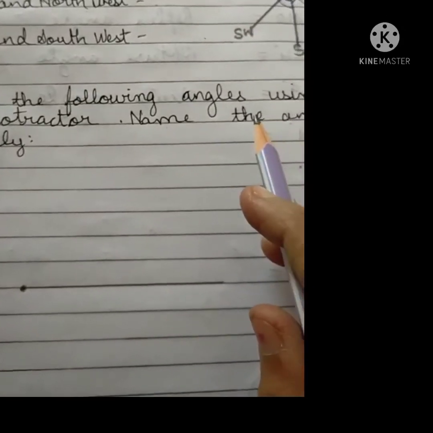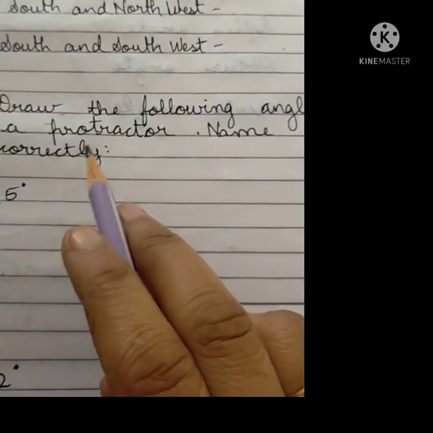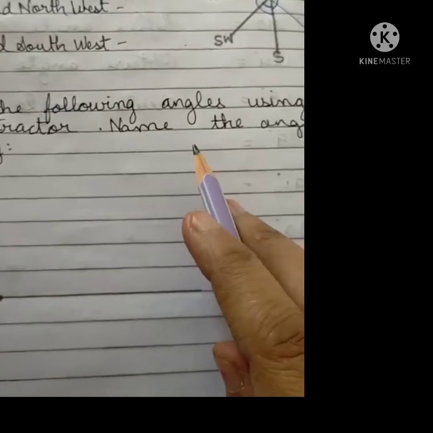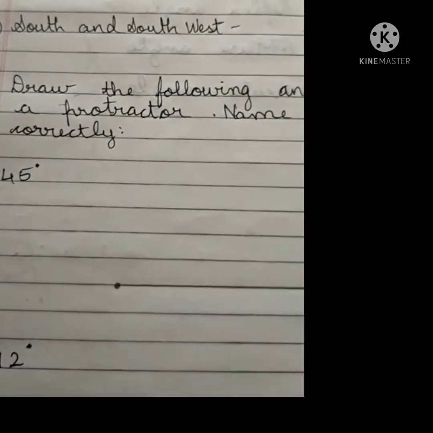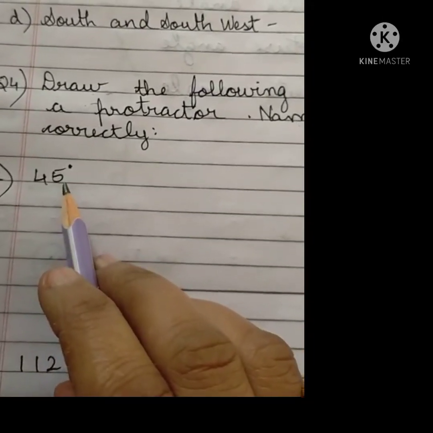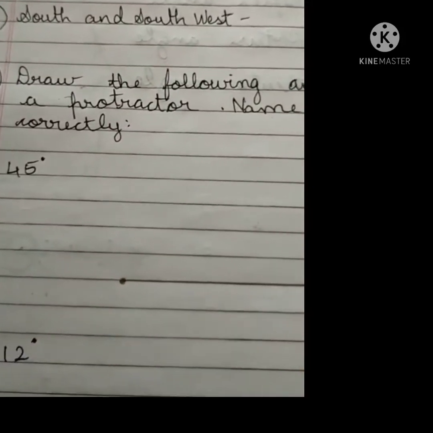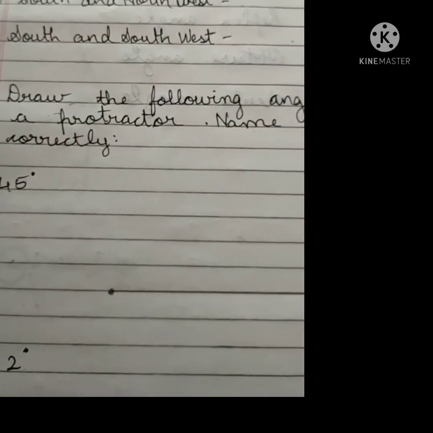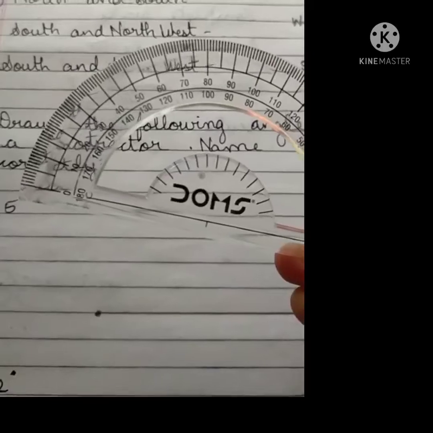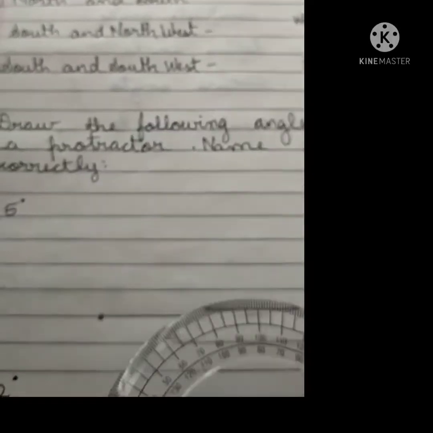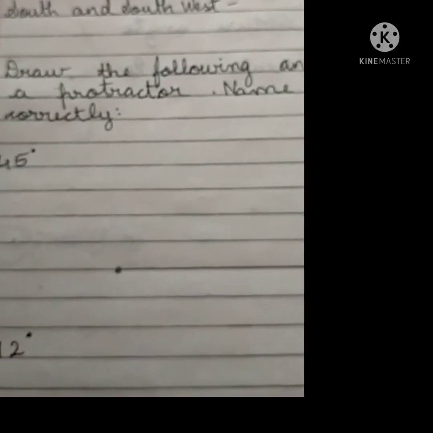Draw the following angles using a protractor. Name the angles correctly. 45-degree angle is given. Now you have to draw it using a protractor. Now this is a protractor. Now using this you will draw 45-degree angle.